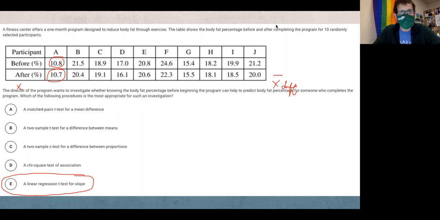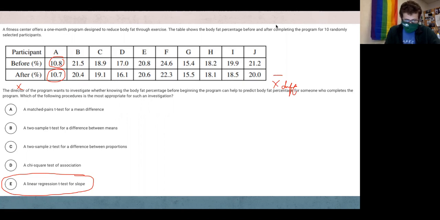Is this the kind of body fat percent loss that we'd expect if this was an effective program? Is this through random chance or because there's something more to it? So the matched pairs lets us determine if this change is statistically significant, but it doesn't let us predict what the body fat percent for someone who completes the program is going to be.